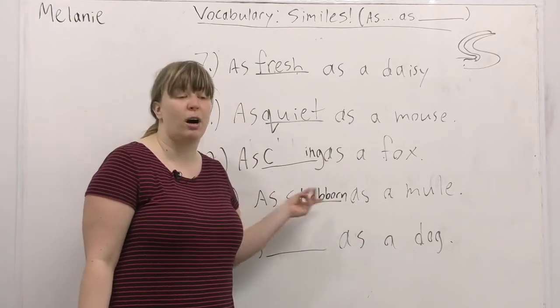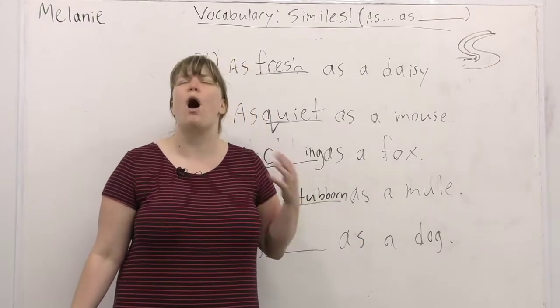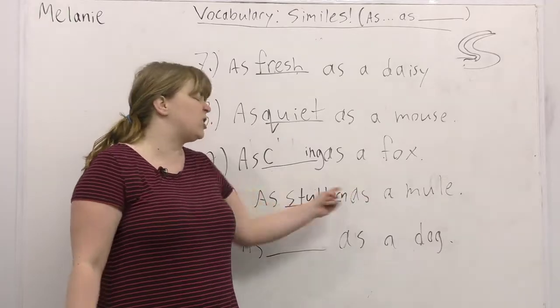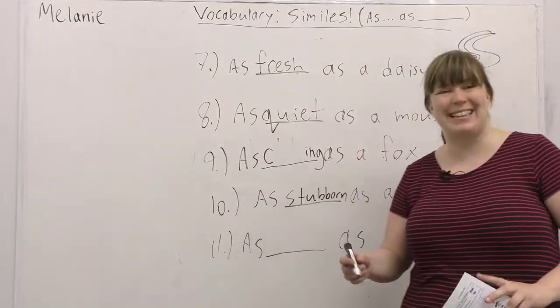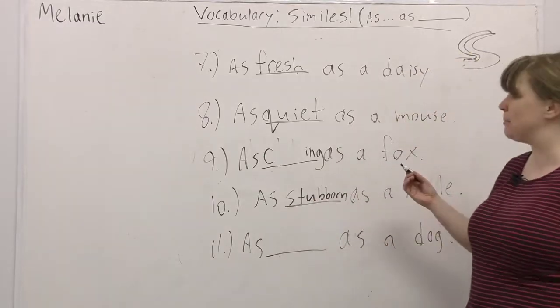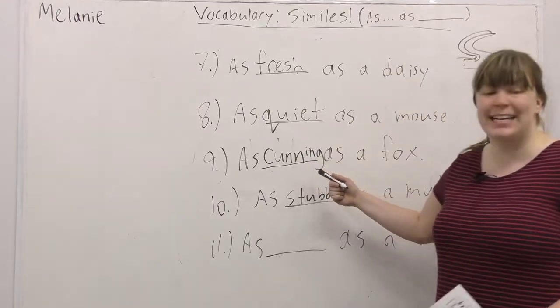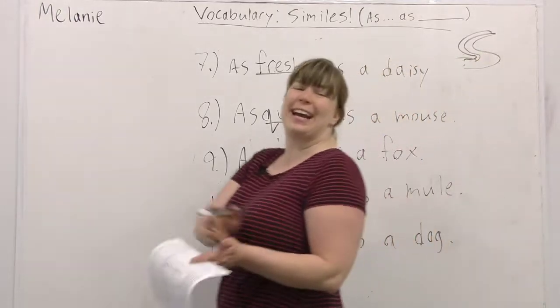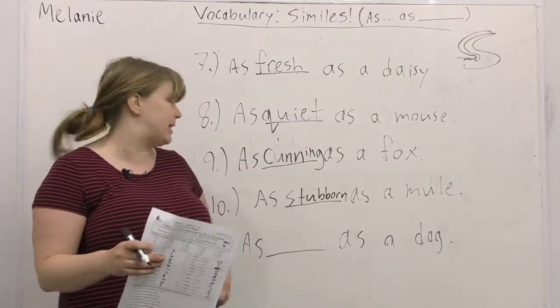This is a lot more common, but if you say he's as obstinate as a mule, people probably understand. This is just the way we typically say it. Good try, thank you. That's still an awesome answer. So for the fox, the answer is cunning. Oh, you got it, okay. I was just moving too fast. Good job, Angela. Cunning as a fox, thank you.